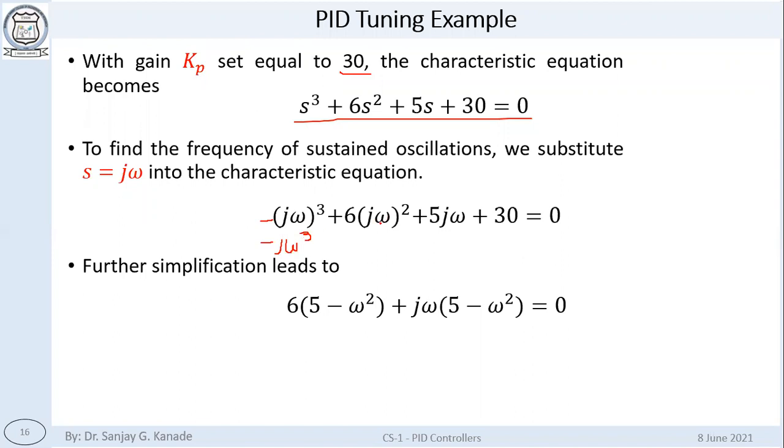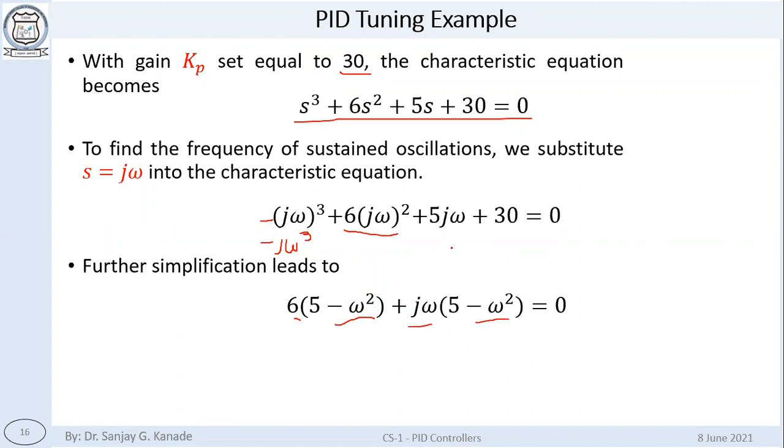Similarly, j omega squared is nothing but minus omega square. So this becomes minus 6 omega square, and that term is here, minus 6 omega square, and the first term is minus j omega cube.